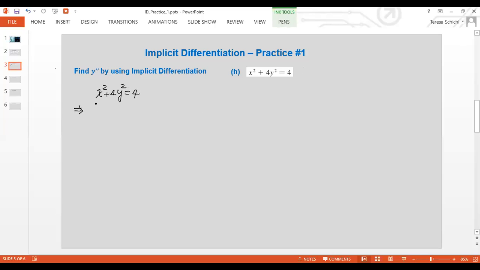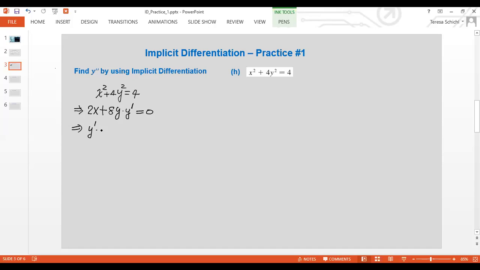Now the derivative of x squared is 2x, correct? Then the 4y squared, what is the derivative here? It's 8y, right? Because y is a function, you need to include a y prime here. And the derivative of 4 is 0. So then you can solve for the y prime.